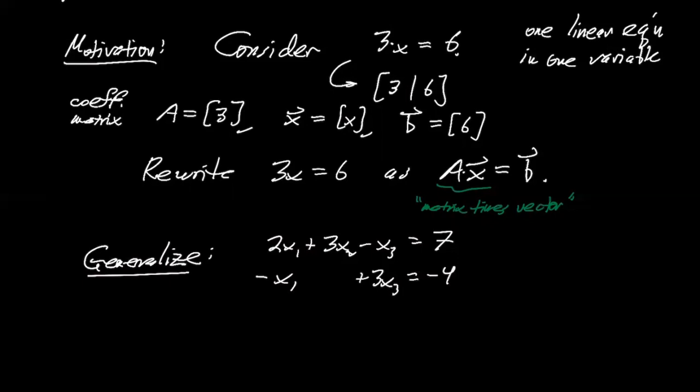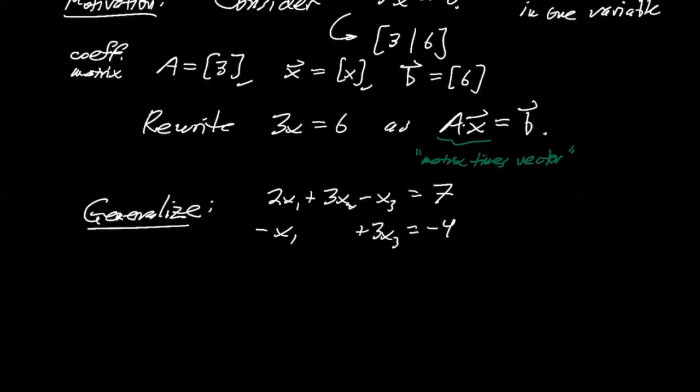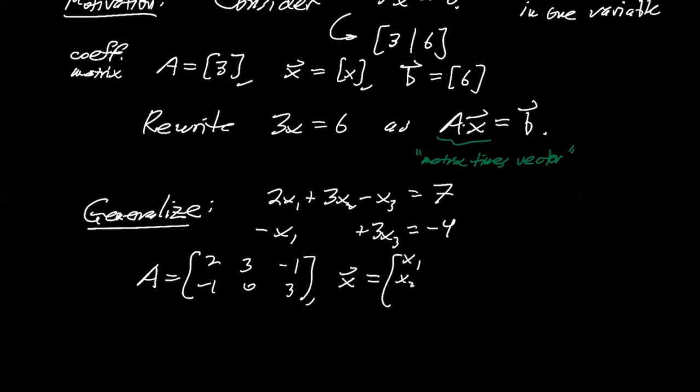Well, again, there's a coefficient matrix A. So the rows are 2, 3, minus 1, and minus 1, 0, 3. There's the vector of the unknowns, x, and there's the vector of the numbers after the equal sign, 7, negative 4.